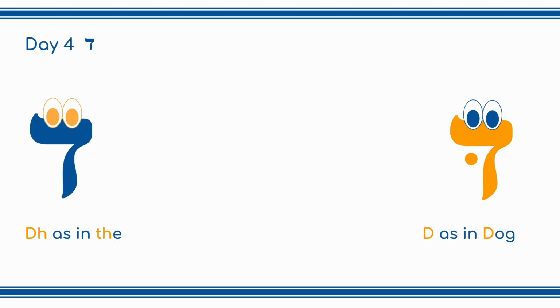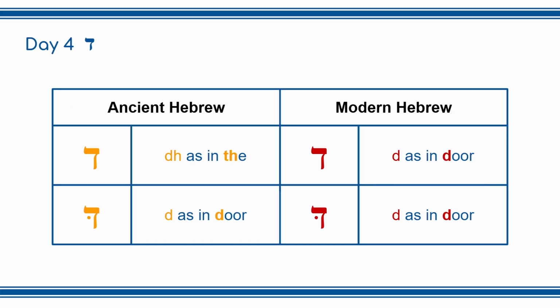But that's in ancient Hebrew. Today, in modern Hebrew, Dalet will only make the sound duh as in dog. So you don't have to worry about it changing any sounds, just like Gimel. So here's the chart again, showing you what it looks like. In ancient Hebrew, when it didn't have a dot, it would make a the sound. When it had a dot, it would make a d sound.